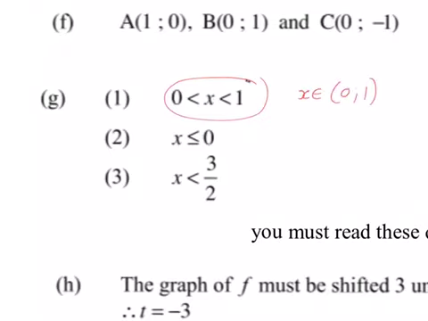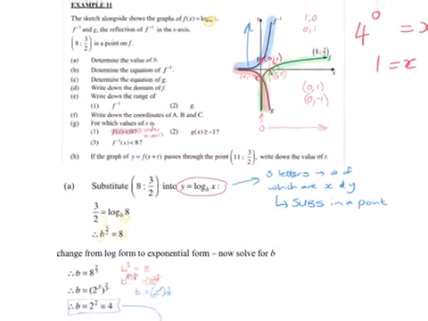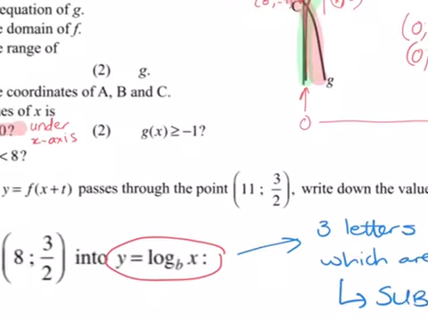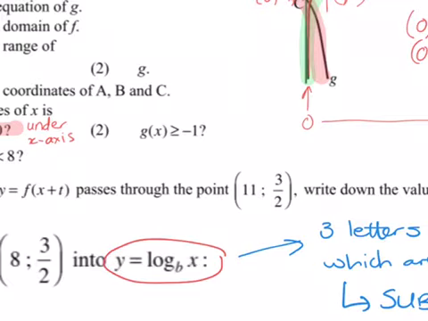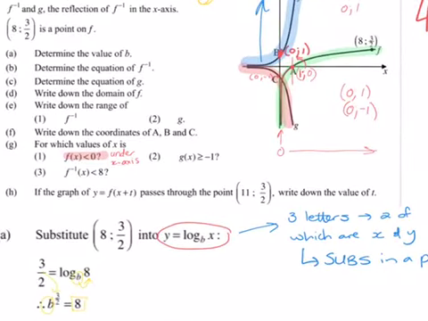All right. So then moving on to question 2. Where is g of x greater than or equal to negative 1? So g of x is your red graph. All right, so where's your g of x greater than or equal to negative 1? Here's negative 1. So greater than means above or on it or equal to.